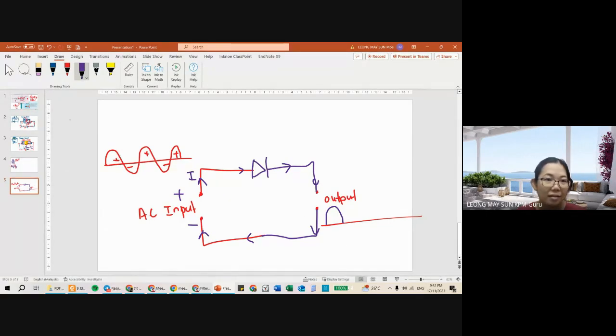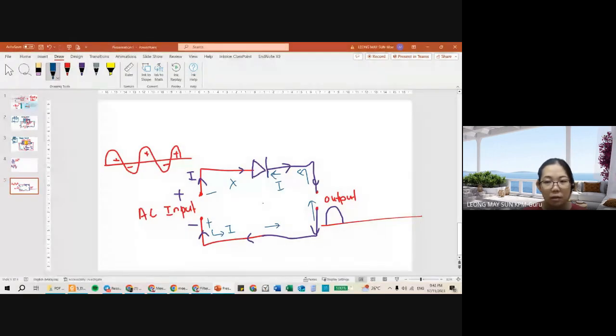But when the terminals switch, because it's alternating current, the bottom part is positive, and current will flow here, assuming that it passes through the output. But when it reaches the diode, the current direction arrow is opposite to the arrow of the diode. So this is a reverse bias. When it's a reverse bias, the current cannot enter back towards the negative terminal of the input.